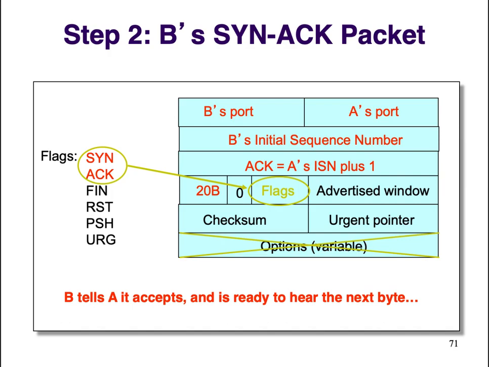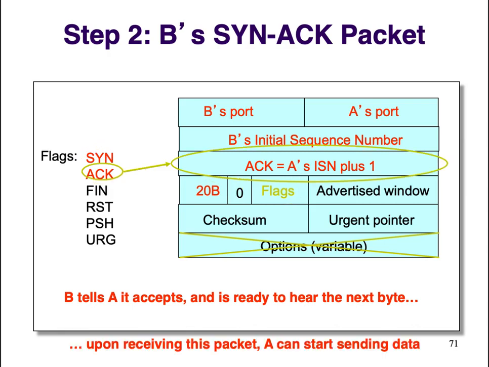Yeah. So at this point, B has told A that it accepts and it's ready to hear the next byte. And so on receiving this packet, A now knows that it's good to start sending data because B knows what the byte stream numbering should look like.